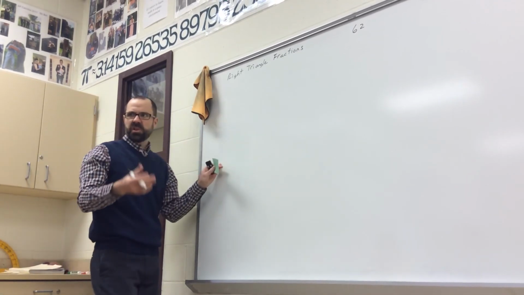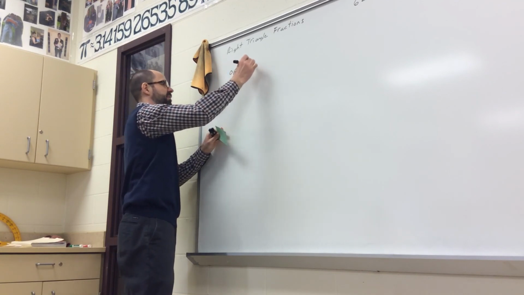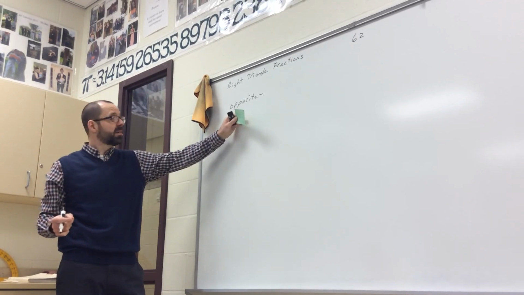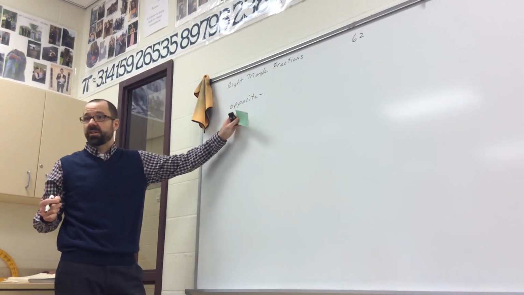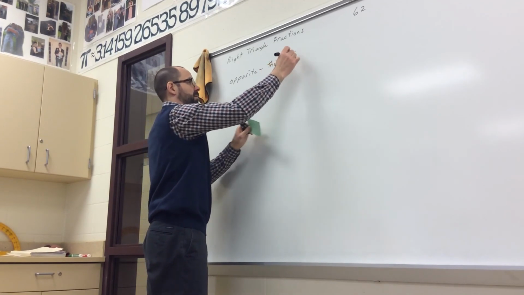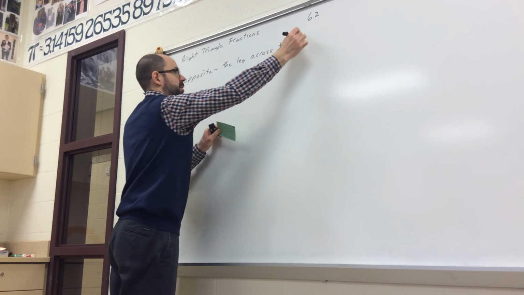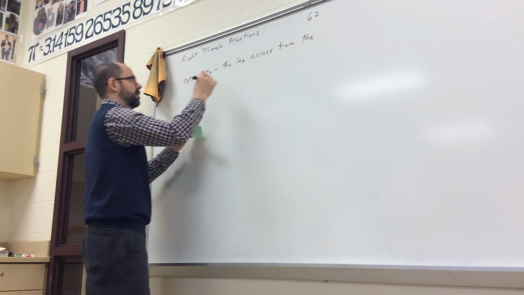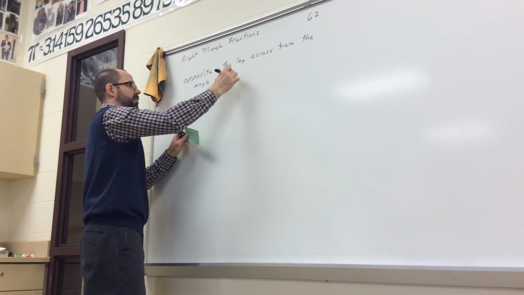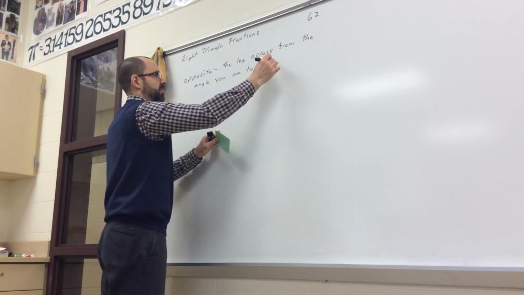So there's a bunch of terminology that we're going to learn. First one is called opposite. An opposite is the leg across from the angle you are talking about.